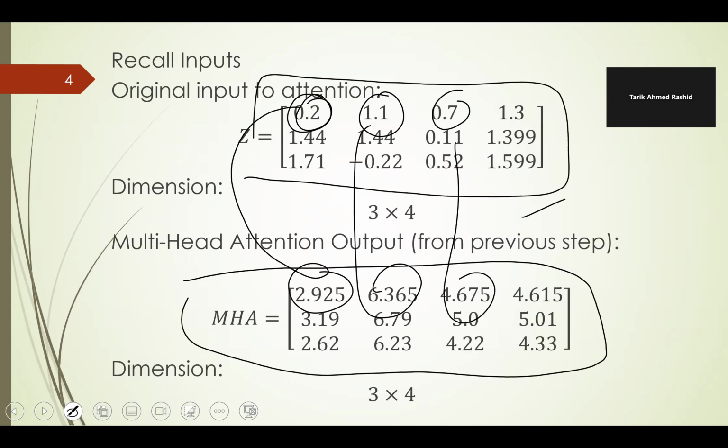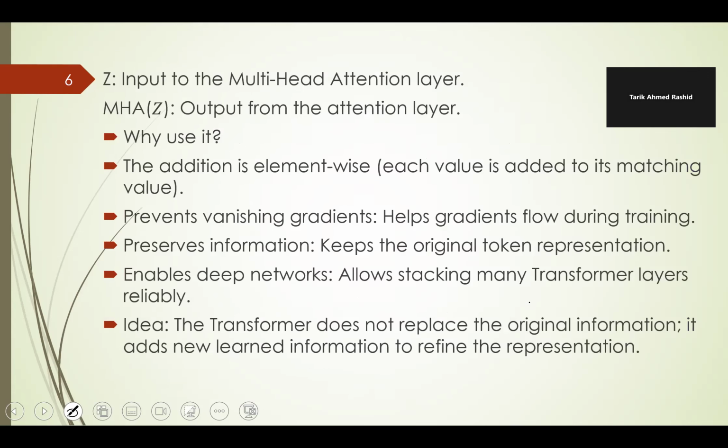Each value here will be added to its reflected value in the multi-head attention. The second reason is that we are trying to avoid vanishing gradients, which is a problem in the backpropagation learning algorithm. So it helps gradients flow during training.